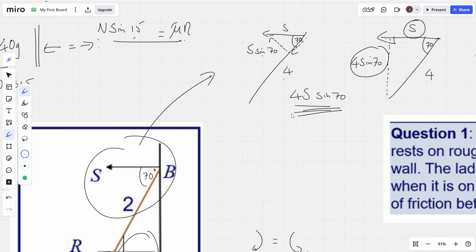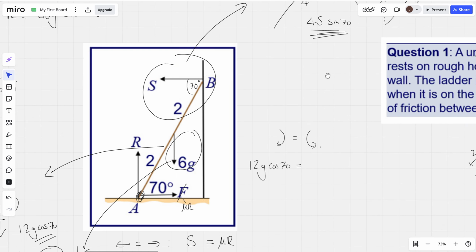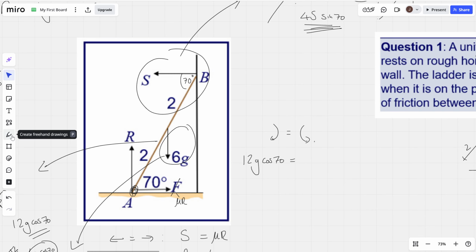So whichever way you like to work that one out, that is going to be the anti-clockwise moment: 4S sine 70.